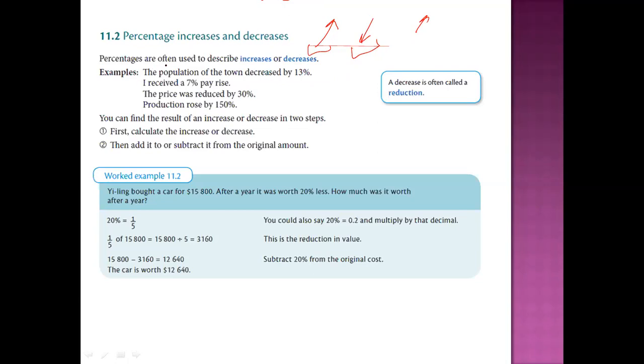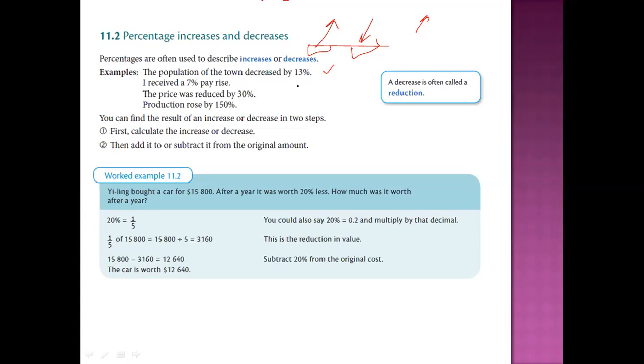Percentages are often used to describe increases or decreases. Example: the population of the town decreased by 13%. They received a 7% pay rise.